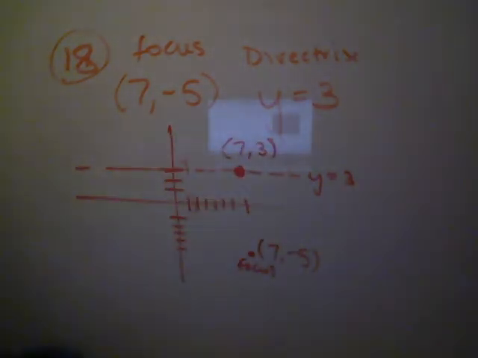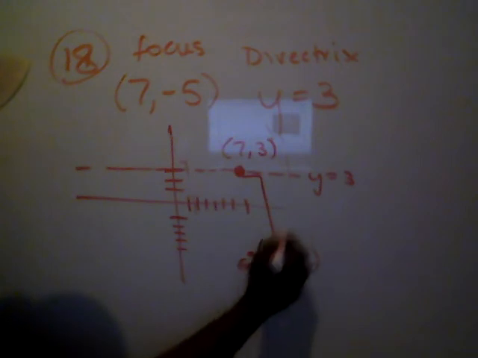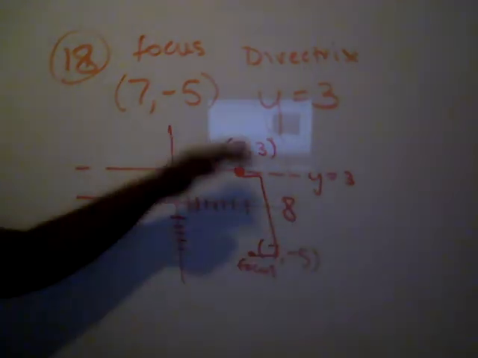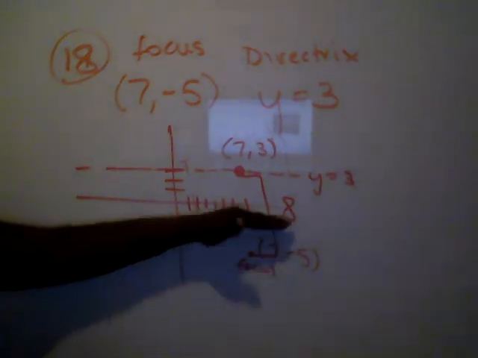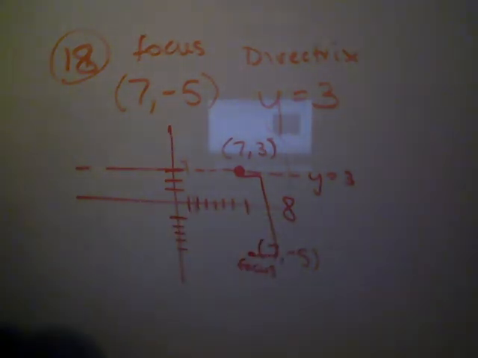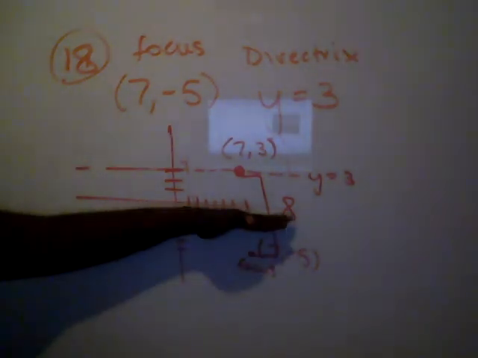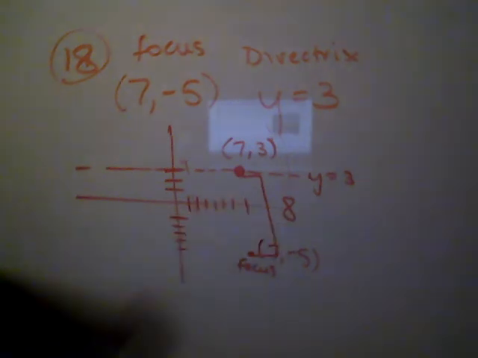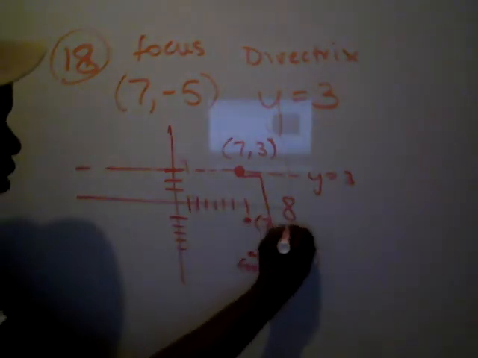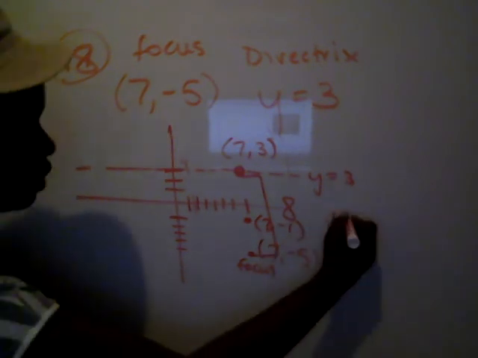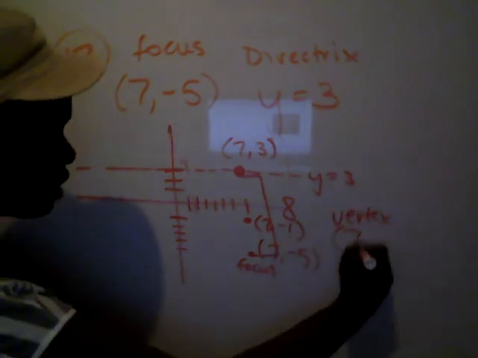So we can figure out that there's actually 8 units difference in between the focus and the directrix. That means 4, right halfway in between, is where the vertex should be. So if we just were to go up 4, that would put us right at the vertex. So if we go up 4, we actually get here at 7, -1. So our vertex is at 7, -1.